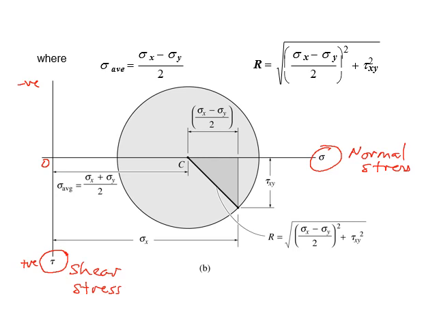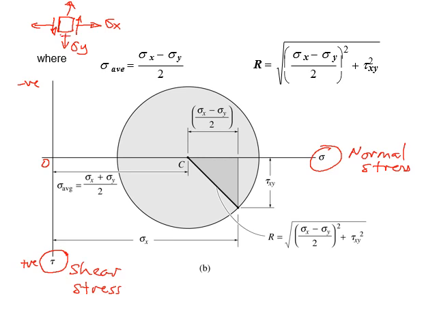So if you look at our stress element, we draw a stress element in the positive direction of all the stresses that we possibly could have. So we have sigma x, sigma y, and then shear upwards and downwards.